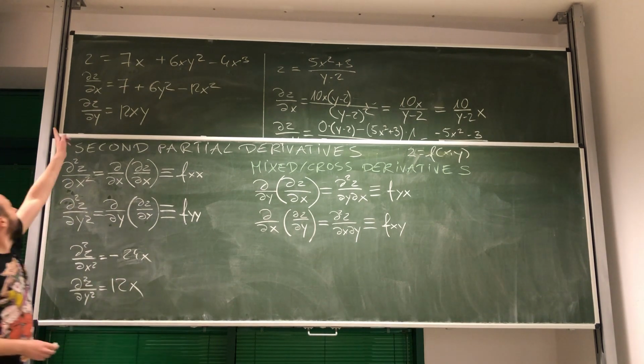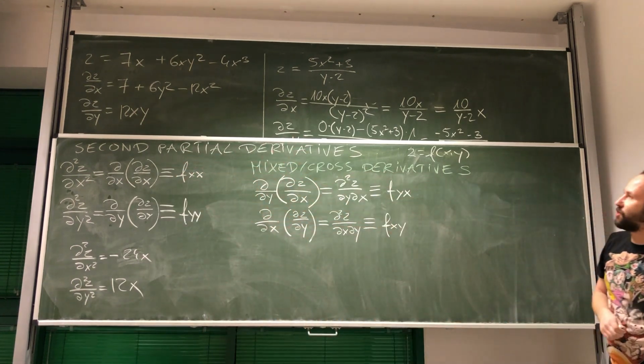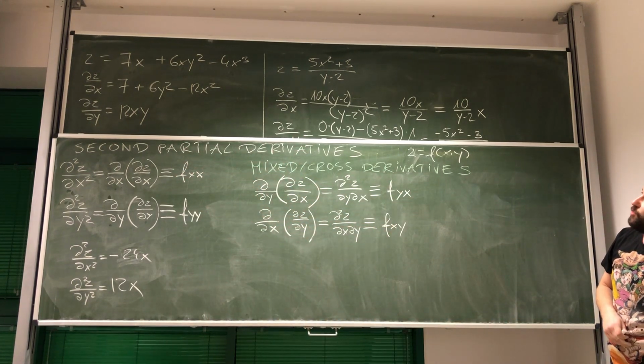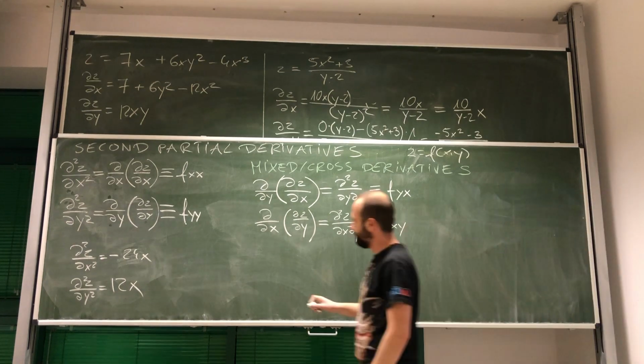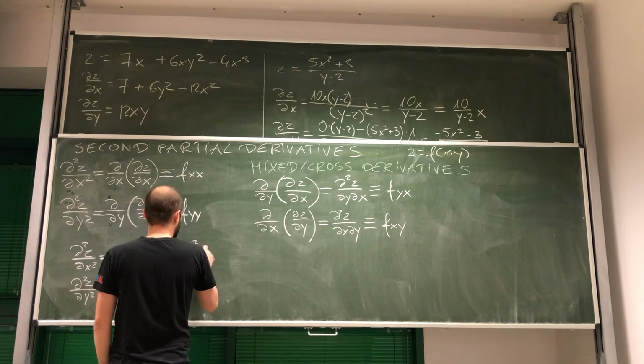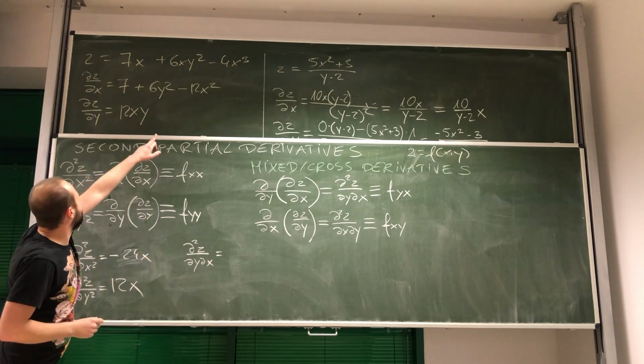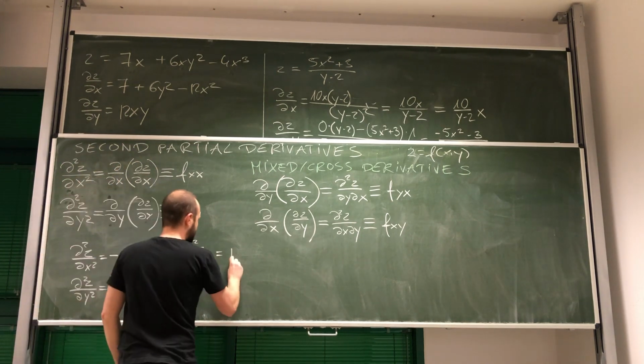Okay, now I want to differentiate the derivative at the top, so dz/dx with respect to y. And what am I going to get now? So I'm getting that this is just 12y.